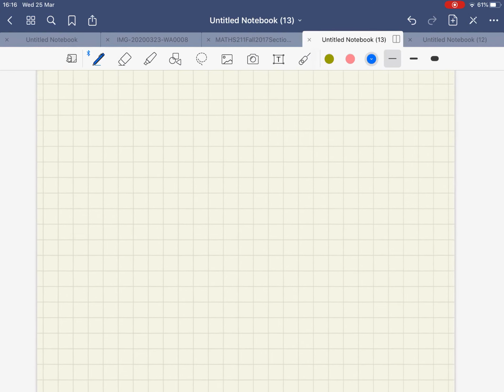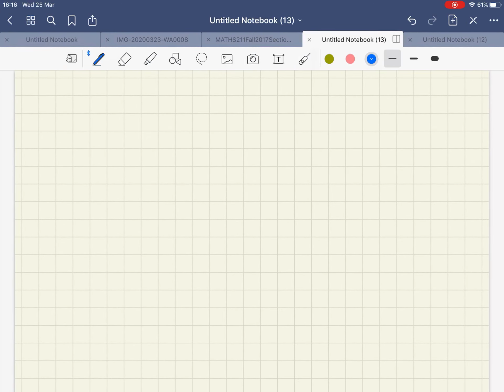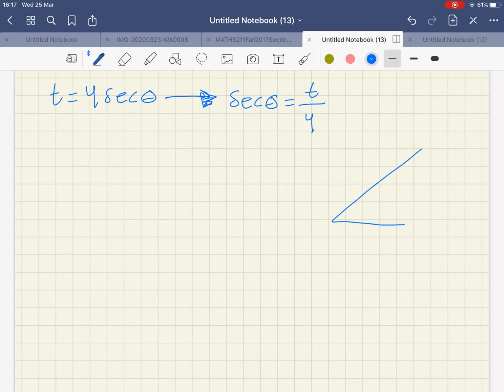Now, how do we find the sine of theta? We have to see what the equation was: t was equal to 4 secant theta. This means that secant theta is t over 4. And if we draw any right triangle and this is theta, the secant is the reciprocal of cosine, so this will be hypotenuse over the adjacent.